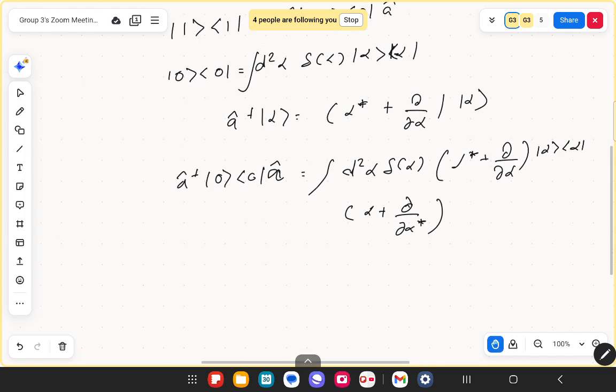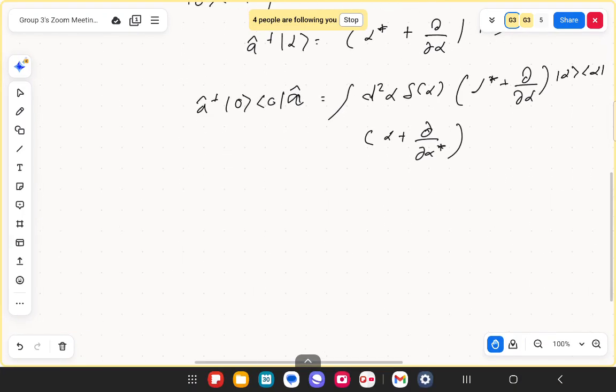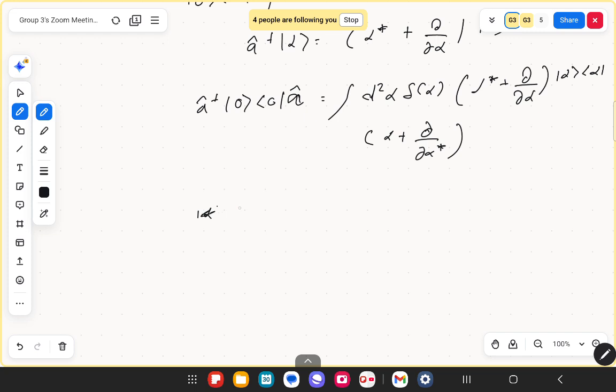After a few simplifications, we'll get that. We'll get that one, 1 plus ∂/∂α ∂/∂α*.